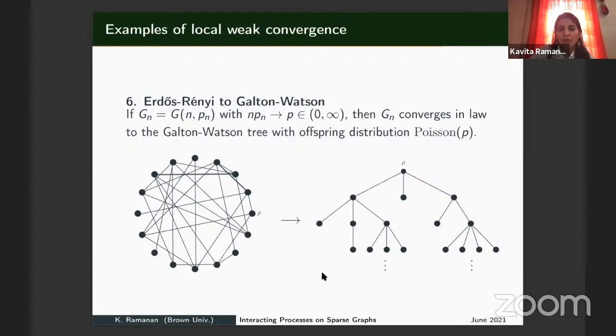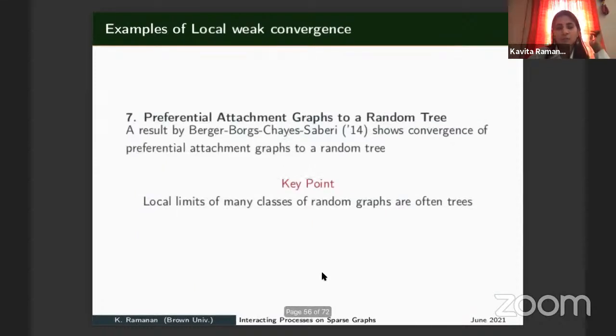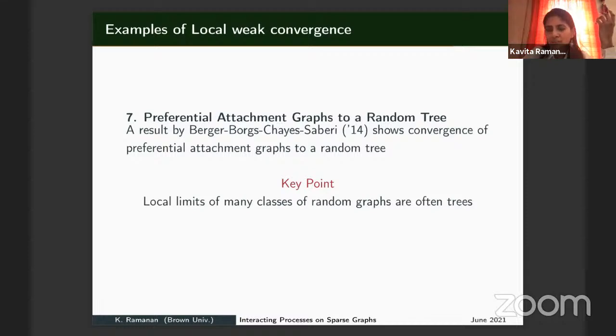Okay, so that's another one that's not obvious, but if you know local convergence, this is a sort of standard example. Then you can also show preferential attachment graphs converge to another kind of random tree. And there are many: the configuration model, for those who know what it is, converges to, again, a Galton-Watson tree with a different degree distribution, with some moment conditions, second moment conditions, on the degree distribution.